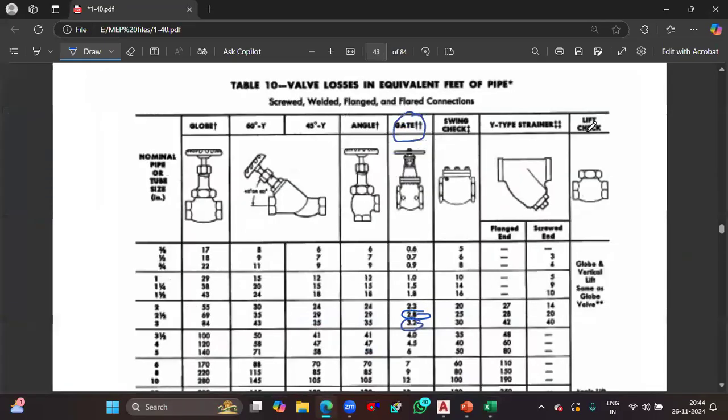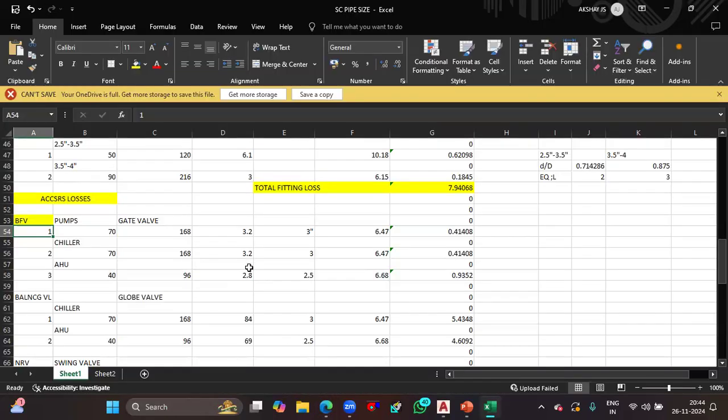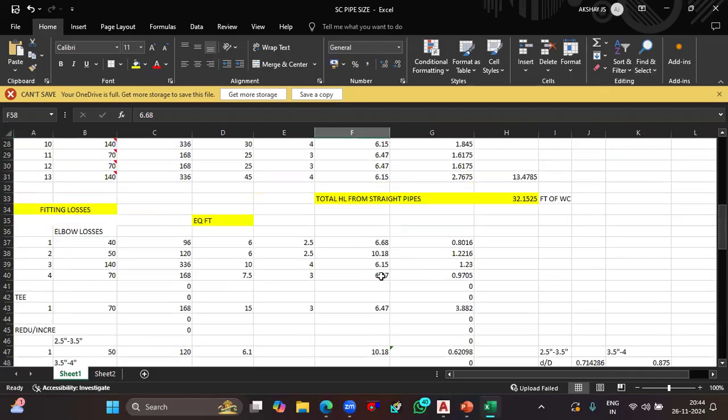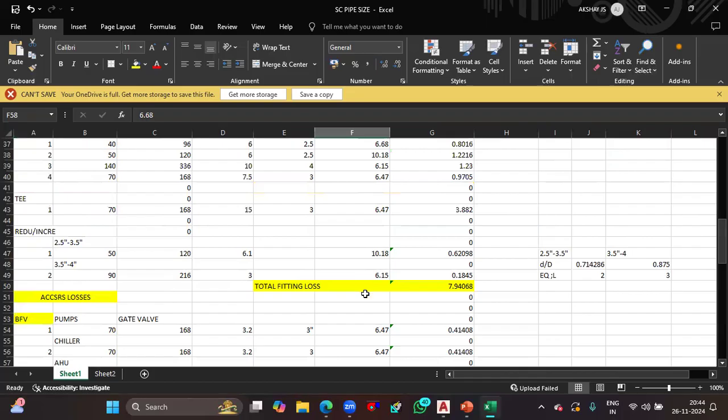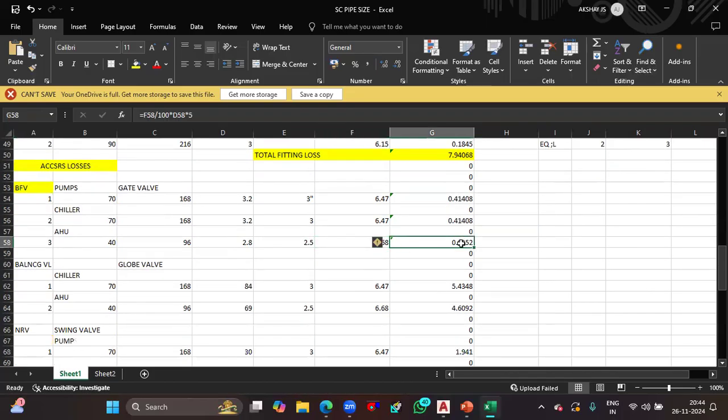That means 2.8 feet of water. So that is the value directly. Then once again, you will be getting the actual head loss from the previous columns. Now multiply those values right here itself. And while considering AHU, you need to consider the number of butterfly valves. Okay, so that's it. You'll be getting the actual head loss.